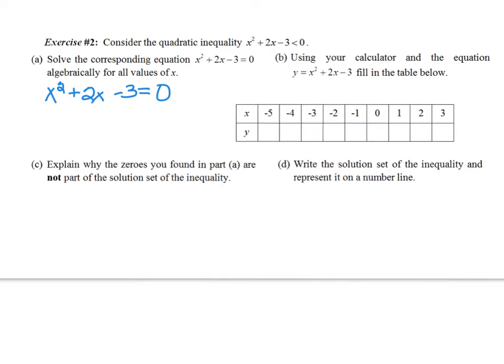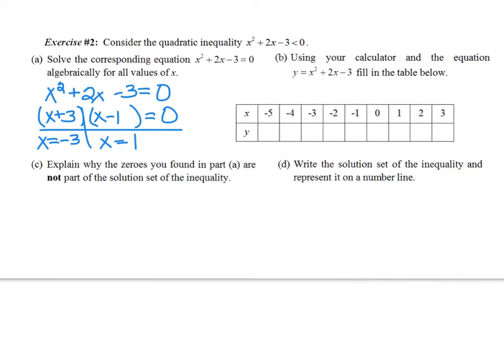That's always going to be our first step. This is a trinomial that is factorable, so the factors are x plus 3 times x minus 1. Setting each factor equal to 0, the two zeros for this quadratic are negative 3 and positive 1.